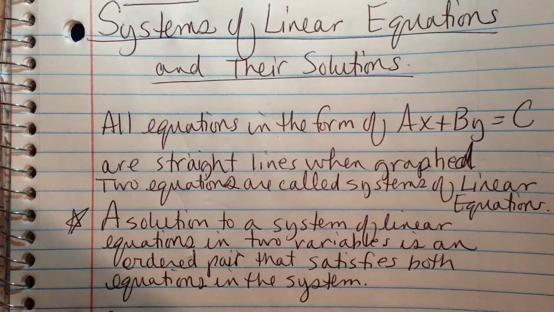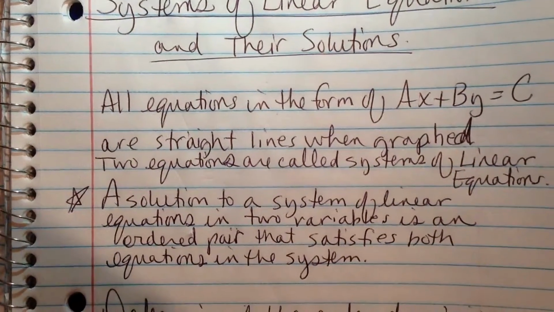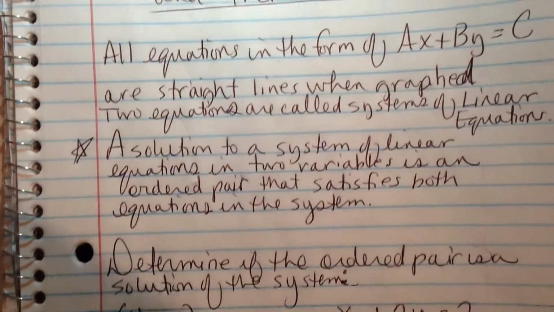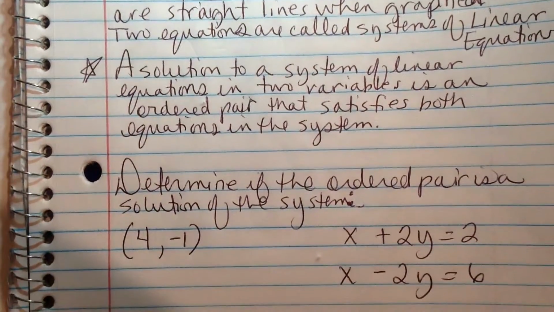Two equations are called a system of linear equations. A solution to a system of linear equations in two variables is an ordered pair that satisfies both equations in the system. So let's look at this first example.